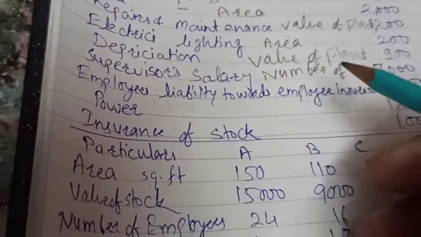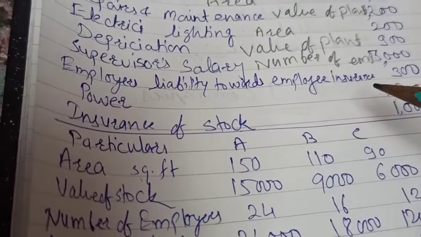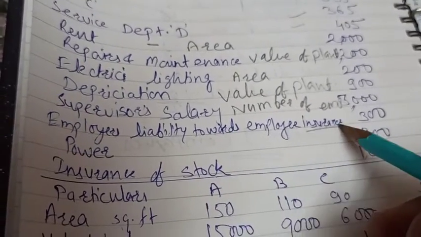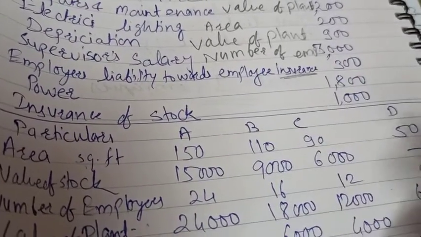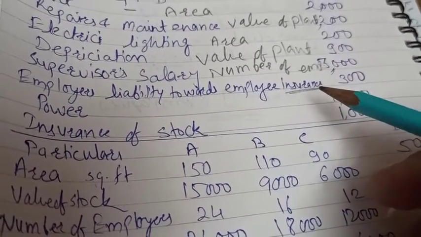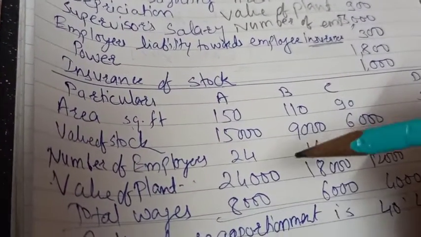Next is employer's liability towards employee insurance. In our previous lecture we already studied this, that insurance depends on the wages or the value.